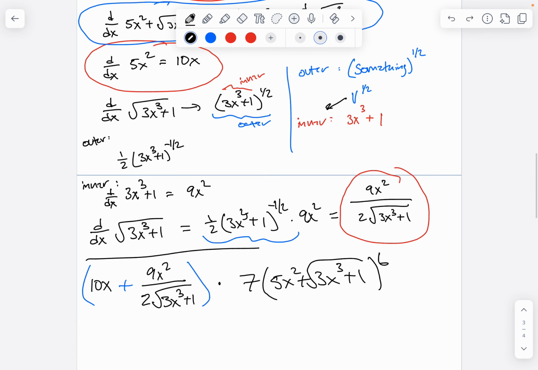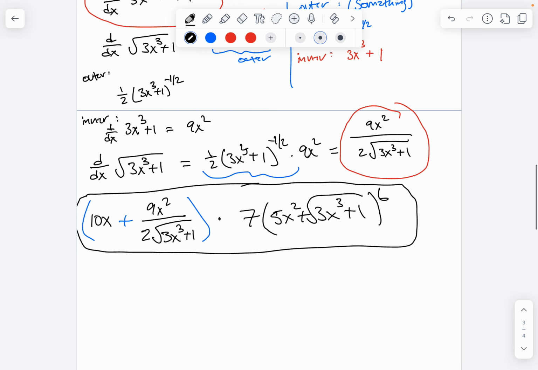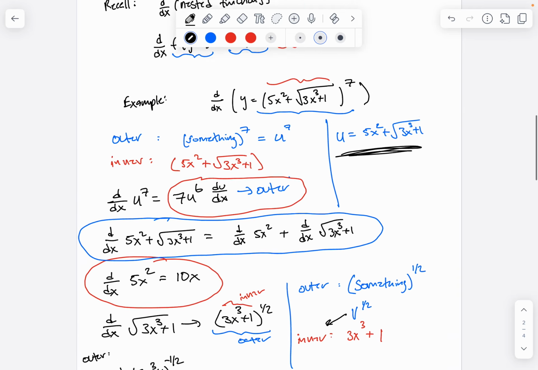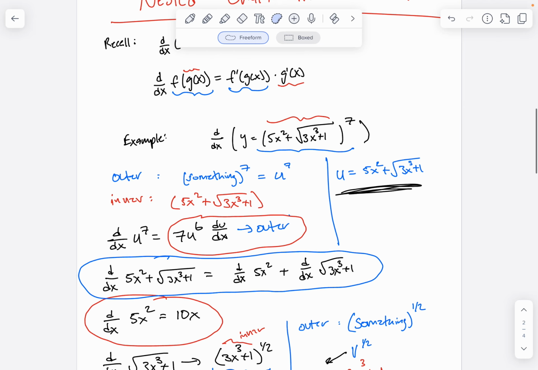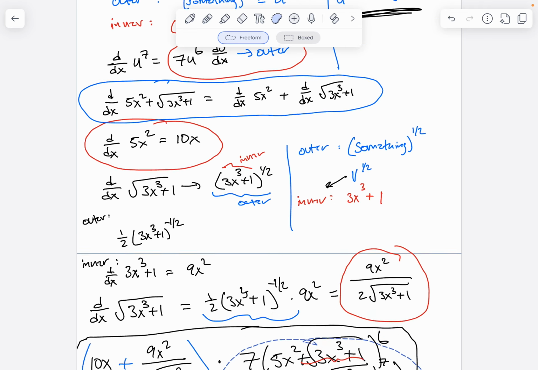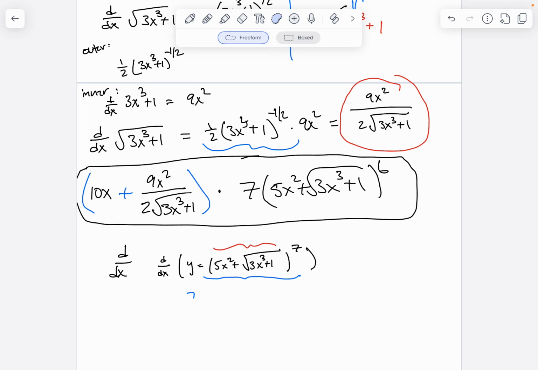And this is our final answer. That is the derivative of the original function, which was this right here. There you go. So this derivative is equal to that. Hopefully that cleared some stuff up, and I'll see you next time.